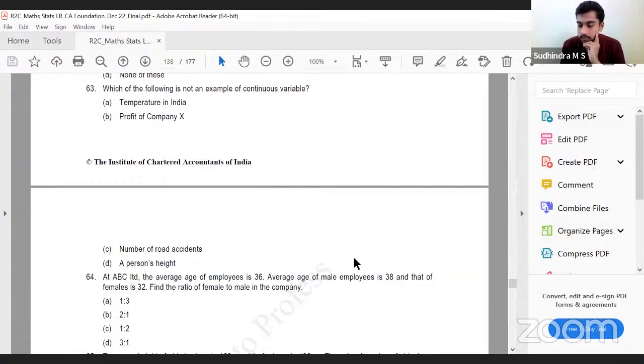Sir, 1:2. Very good. That's why we have to read the question carefully. It is ratio of female to male, not male to female.